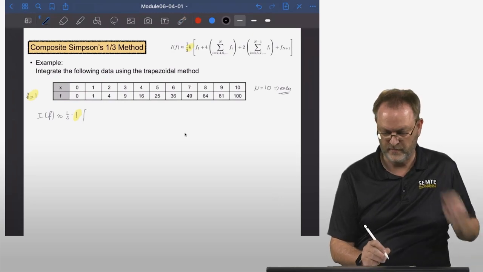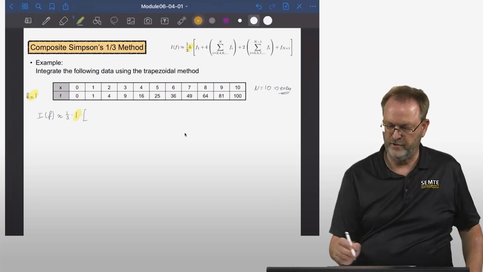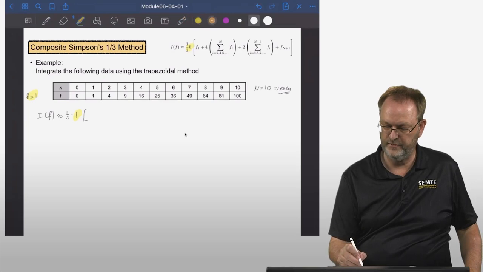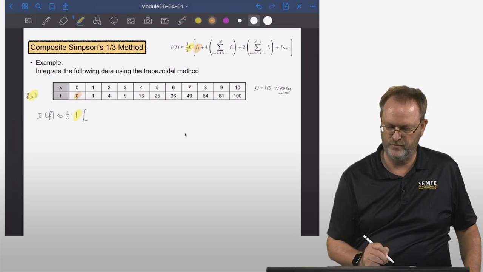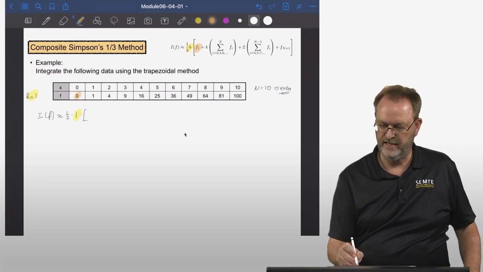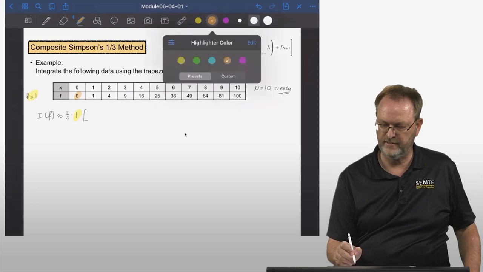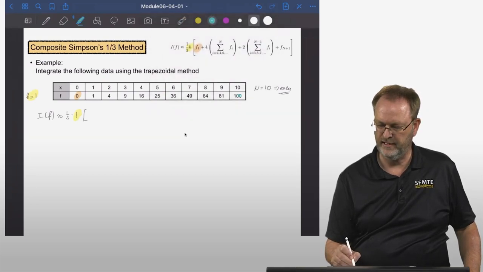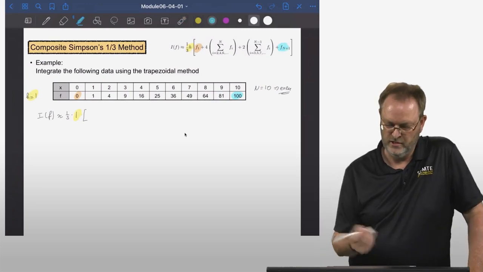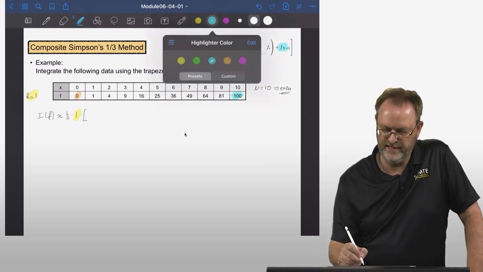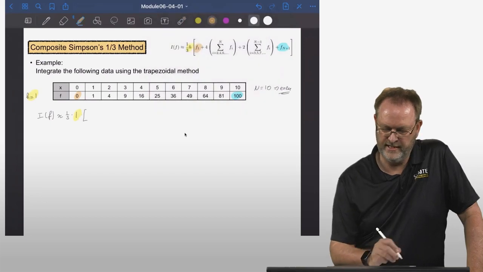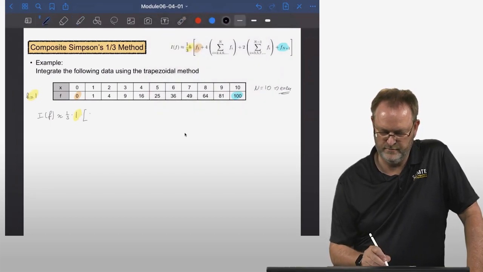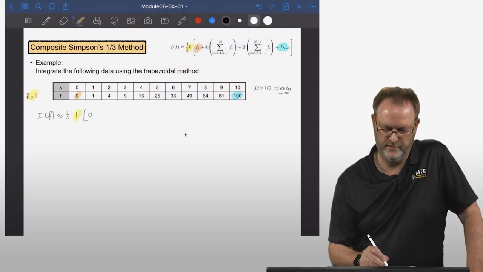Times, okay, let's look at the formula. I need the first function value, that's f1, that would be this one. And then I'm looking ahead here at the end. I need the last value, that would be f(n+1). So let's start with the first function value, that is equal to 0. Okay, so that is the f of 1.